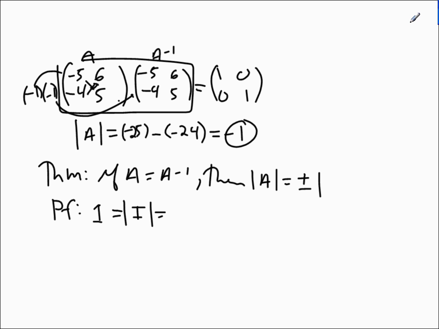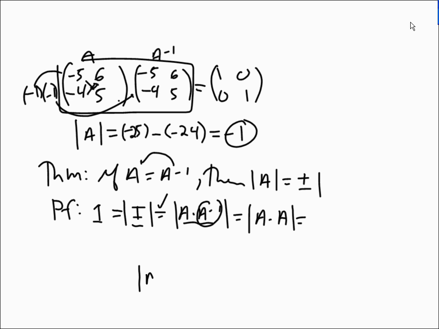But the identity matrix is A times A inverse. So that's the determinant of the identity matrix. But A inverse is A. So I'm going to replace A inverse with A. So this is the determinant of A times A. But we did this one earlier.